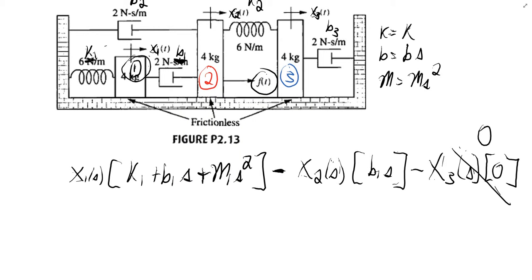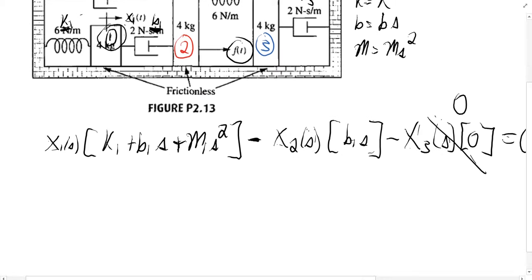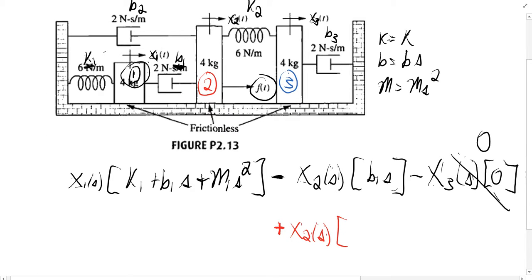Now we're gonna do the equation for the second mass, and as always we start with the mass we are studying. So don't forget the plus right here. So we open parentheses and see what is connected to the second mass, which is gonna be this damper, this spring, and this damper.